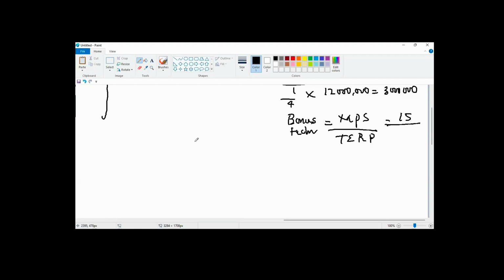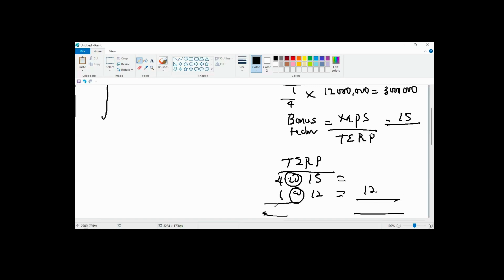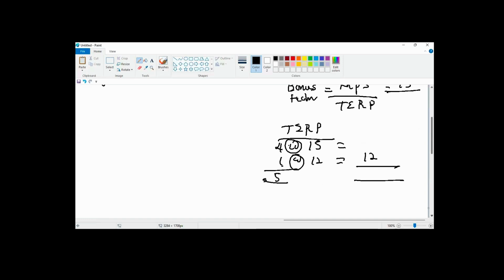So I need the theoretical ex-rights price. For one for 4: 4 shares at the market price of 15, then 1 share at the exercise price of 12. 4 times 15 is 60. 60 plus 12 will give me 72 for 5 shares.